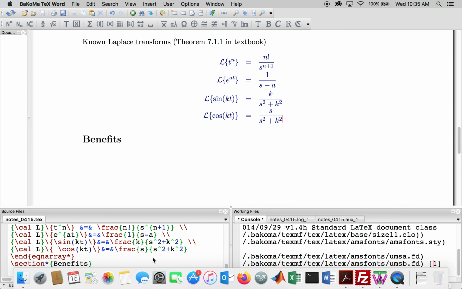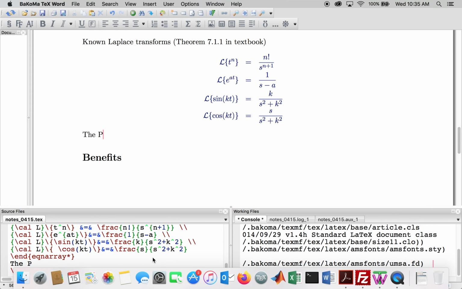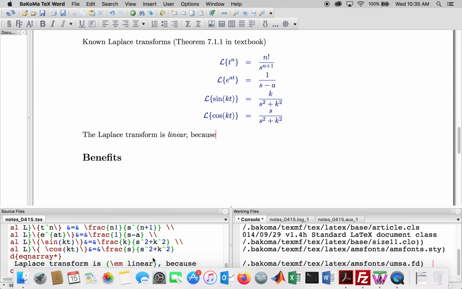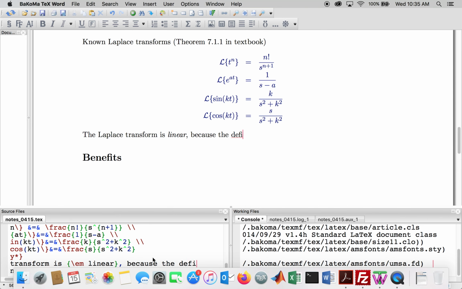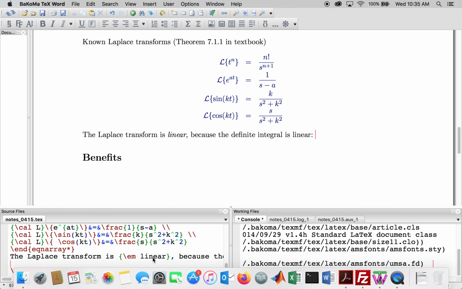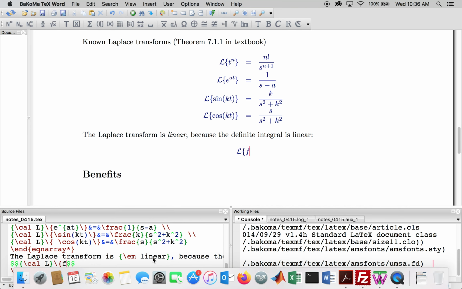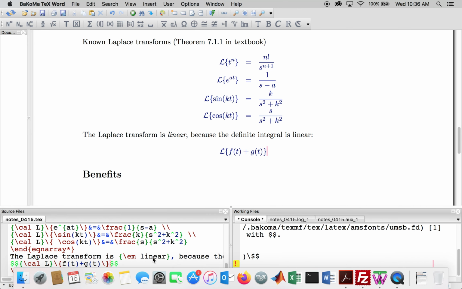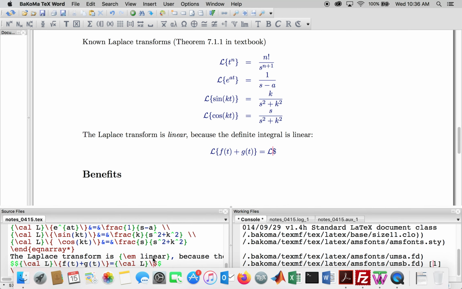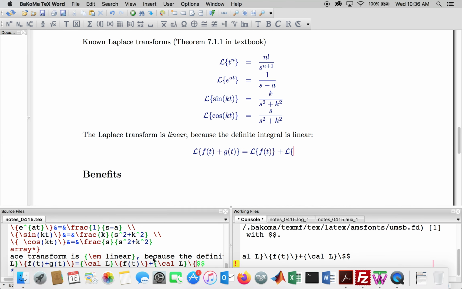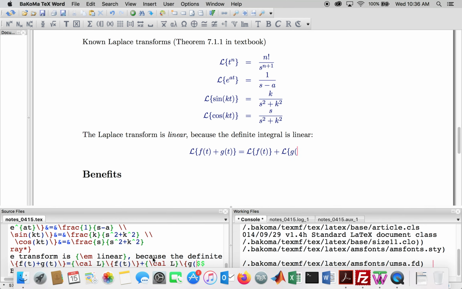Now, other formulas that will be needed. The Laplace transform is linear because it's defined in terms of an integral. The definite integral is linear. So what do I mean by that exactly? I have the following relationships: the Laplace transform of a sum is just equal to the sum of the transforms. So in some cases in the homework, you'll have a function to transform that is a sum or difference of several terms.